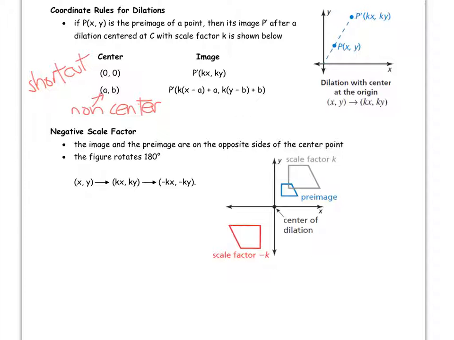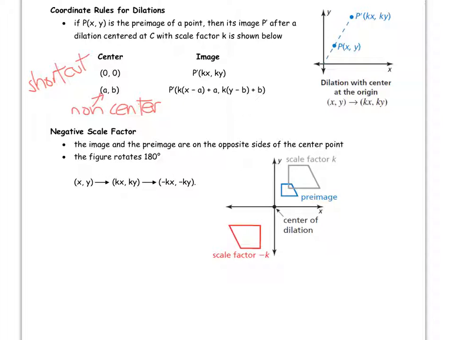Alright, so we have some rules for dilation, so we do have some shortcuts here. Two kinds of situations. If the center of the dilation is at the origin, 0, 0, then that's going to be our easiest. And what we're really going to do is just take our scale factor.